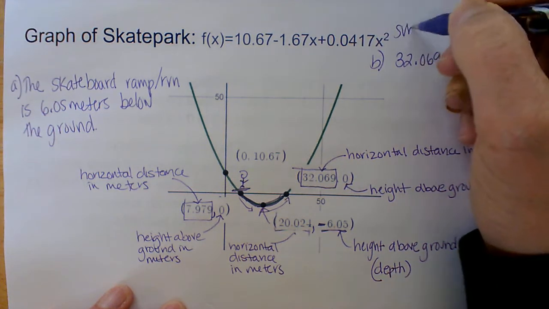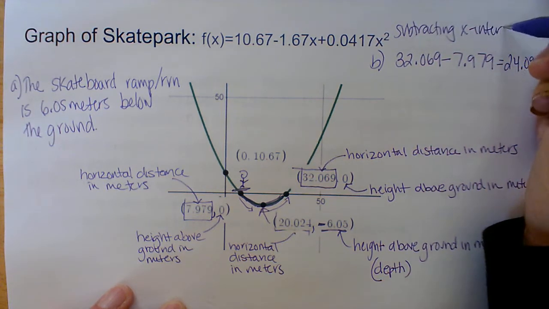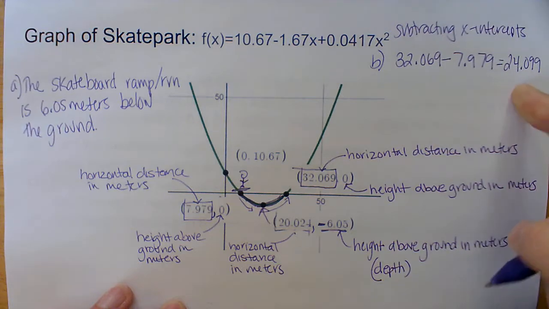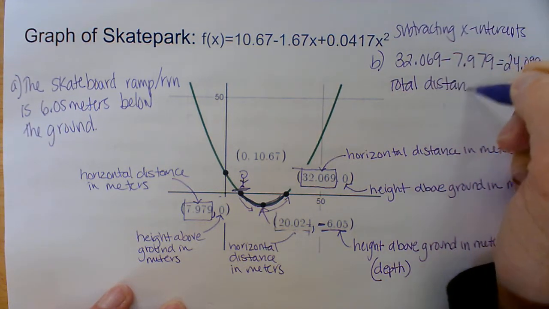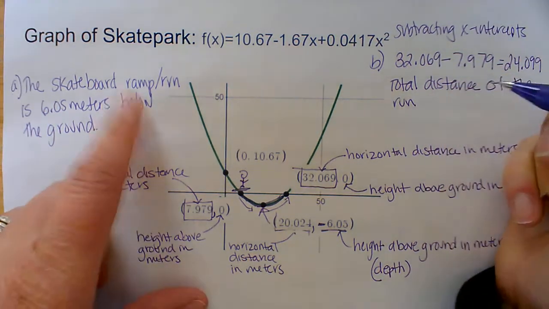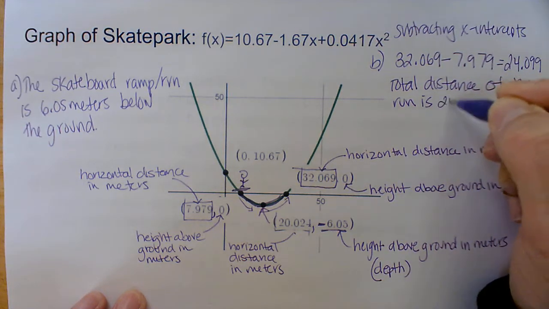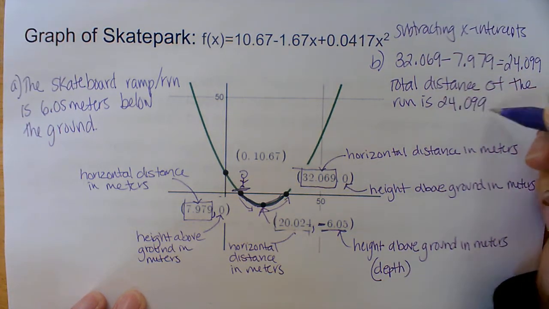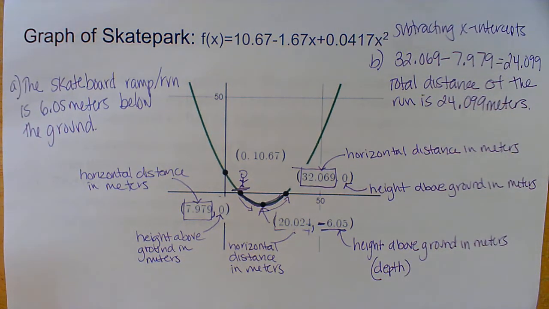So subtracting x-intercepts will give you the total distance of the run. And remember, I said the ramp was the run. So the total distance of the run is 24.099 meters.